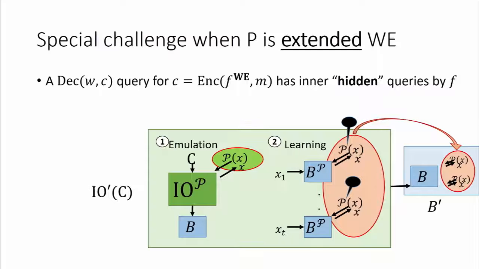The second level is the queries that are asked by the function F, and you don't necessarily see what those queries are. When you are encrypting something, you choose what the function F is. But if you are doing a decryption, for example, that's where the function is being executed.